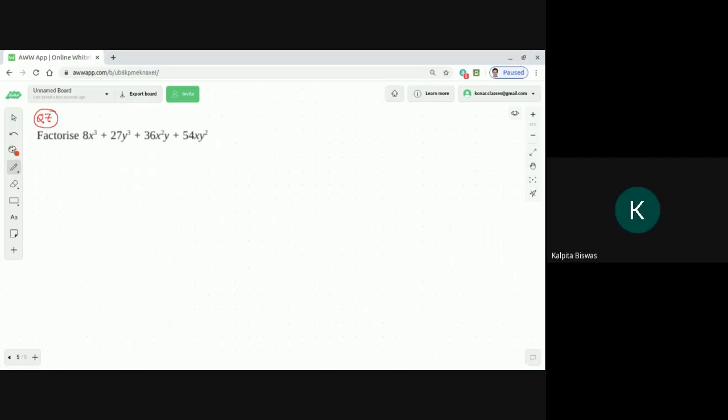So the answer is 2x plus 3y whole cube. Appreciate. Yes, sir. I got the same answer. Great. Appreciate.